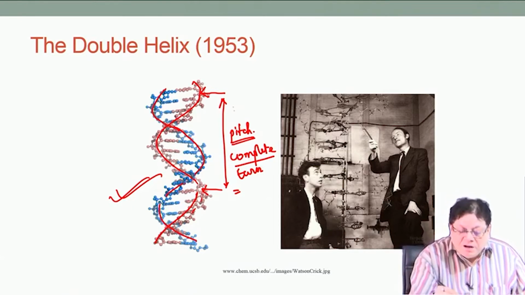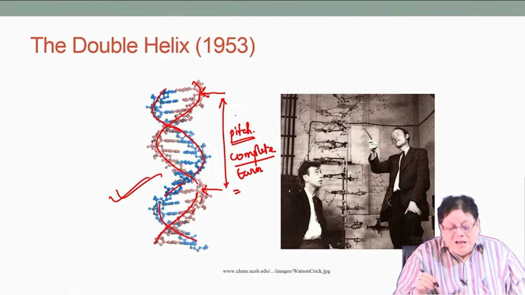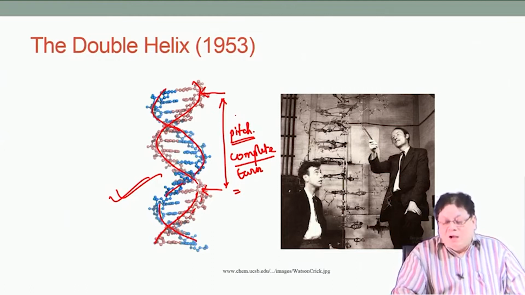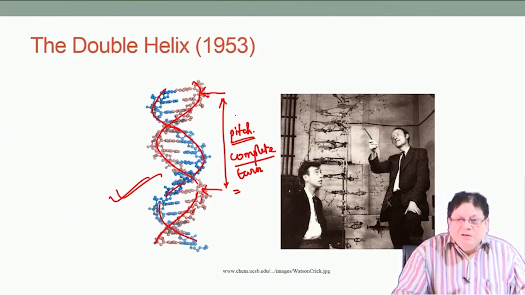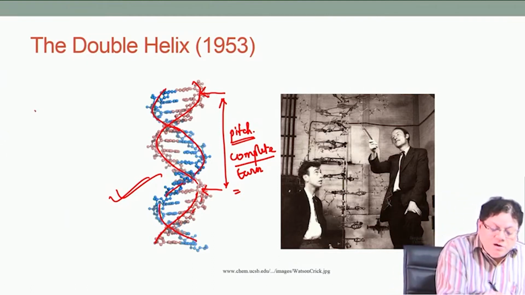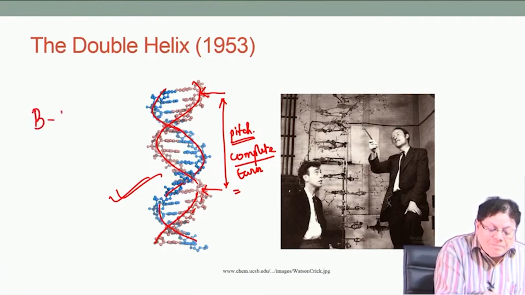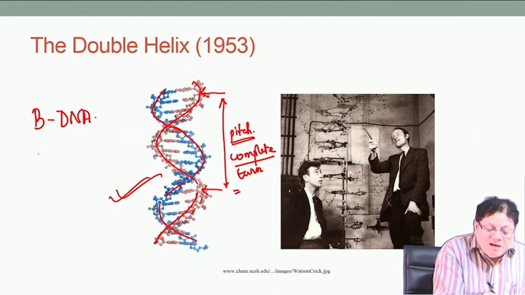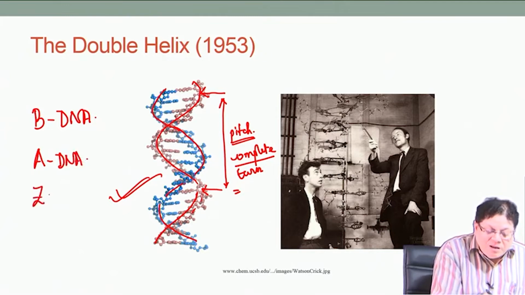This complete turn, in the case of the DNA used by Watson and Crick, which is called B DNA. There are different kinds of DNA: one is B DNA, another is A DNA, and another is Z DNA.